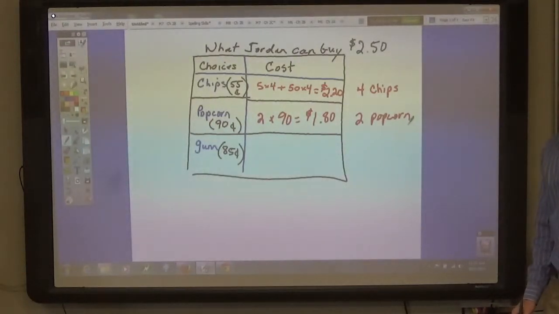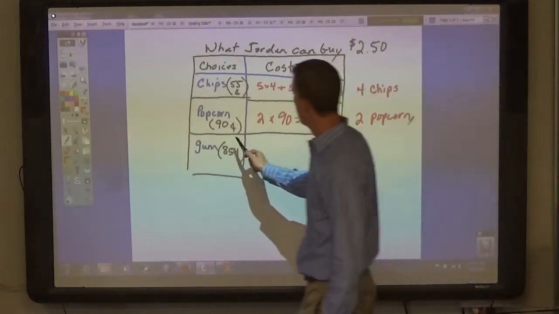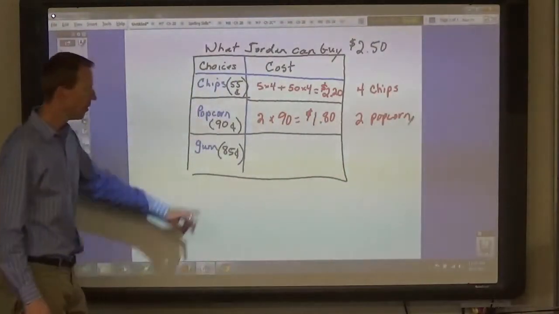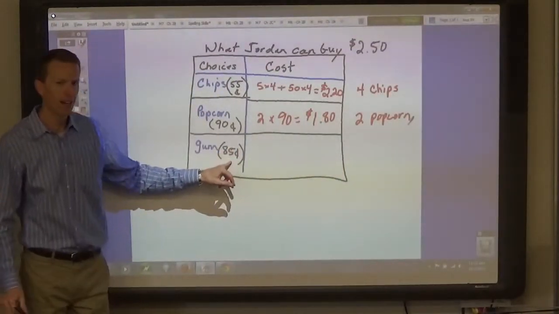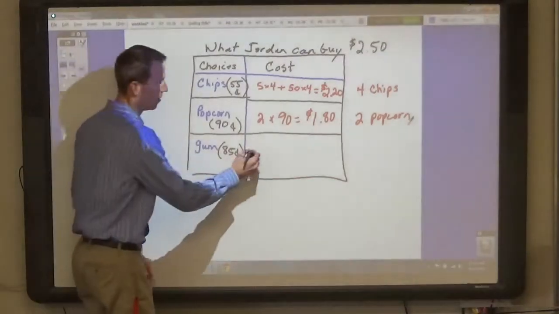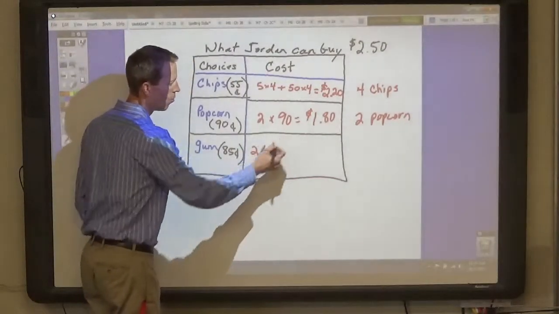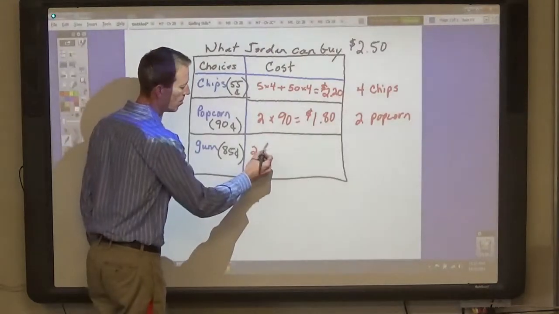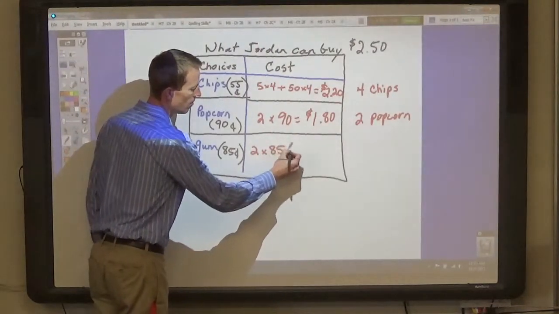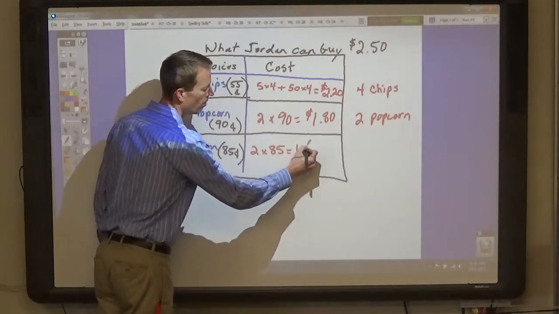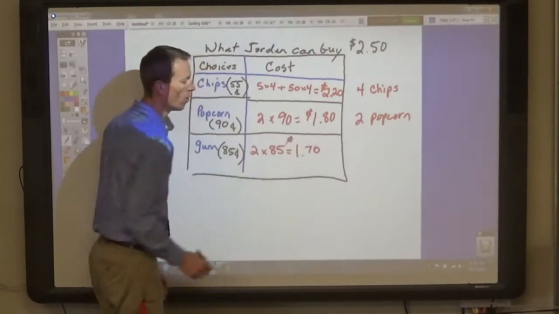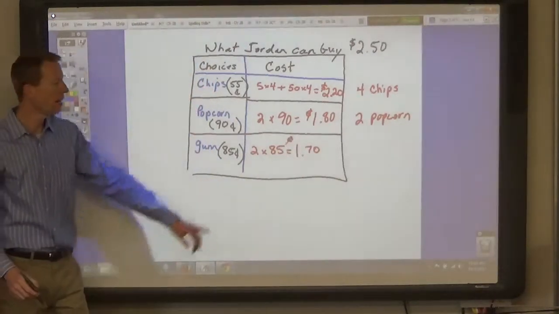And how about gum? Well, if 2 times 90 is 180, what's 2 times 85? 170. Is that enough for one more? Could you get one more of those? What would the change be?